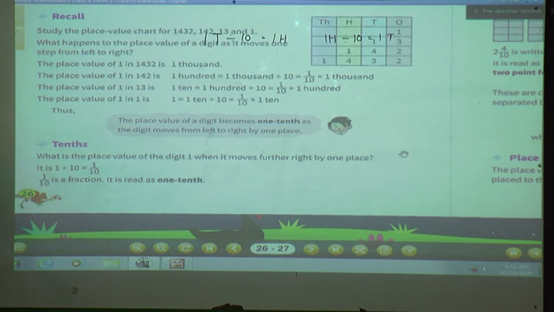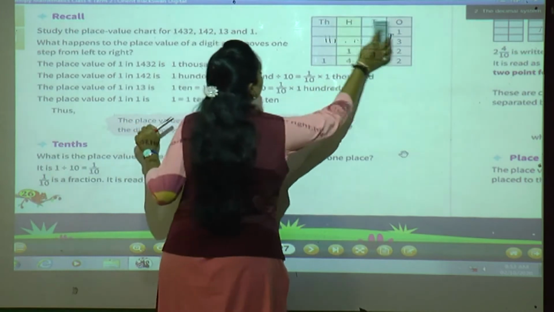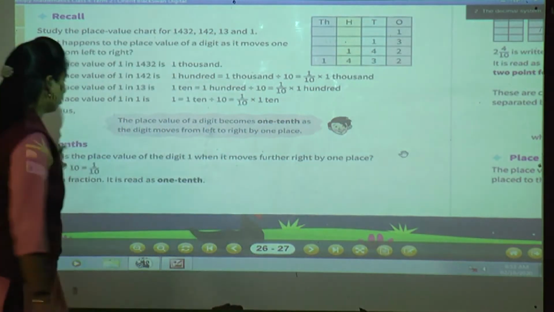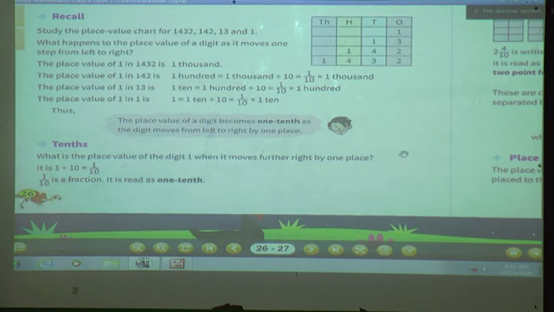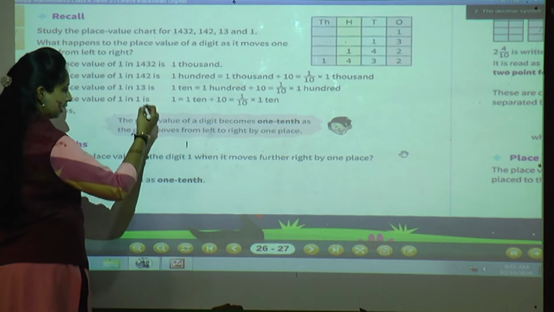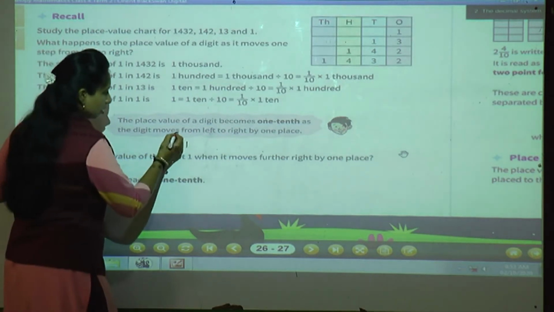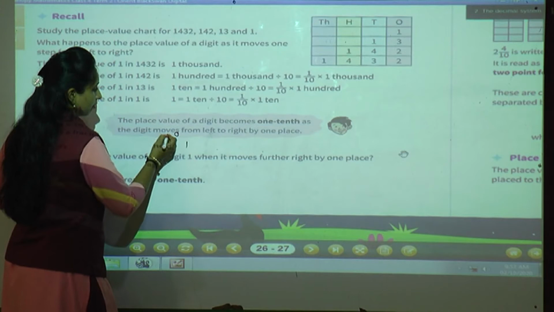Finally 1 comes in ones. After that, if a number is there, what is the place value of that number? See, here ones, 1 is there.